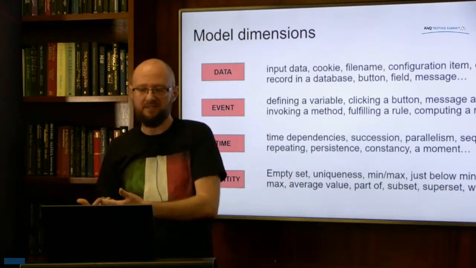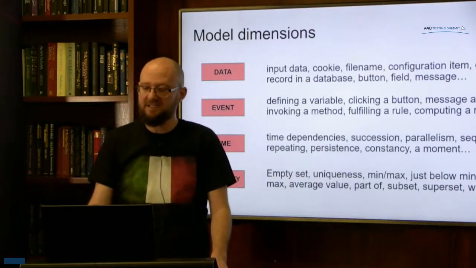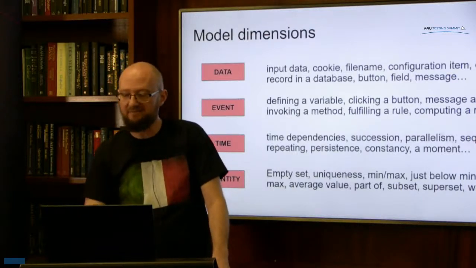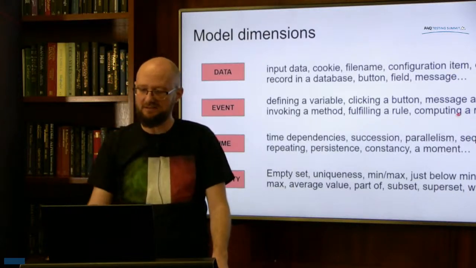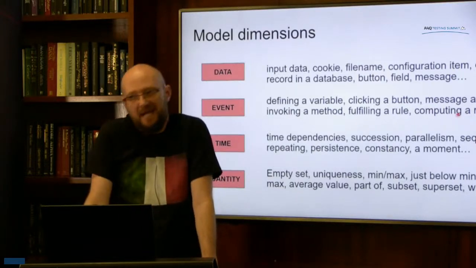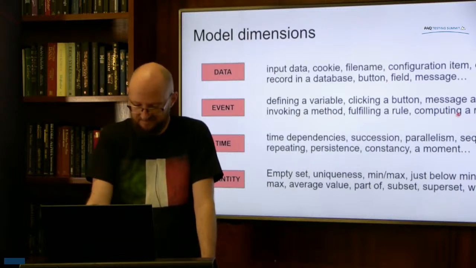Someone clicks a button, some message arrives to some system, someone invokes a method, someone is fulfilling some rule, someone is computing something. These things we can consider as events. So these are things that happen.